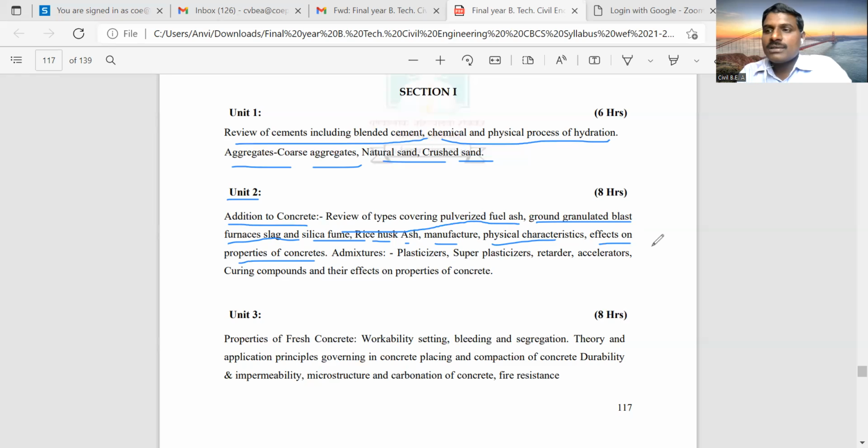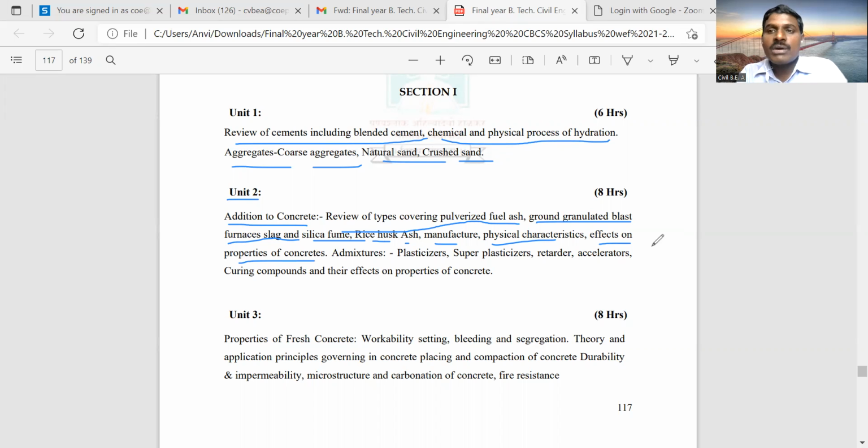It means you are replacing cement by some fly ash, some rice husk, or some silica fume, or furnace slag. It means whatever waste is there, that waste we are using as ash for the replacement of the cement. So this is the addition.